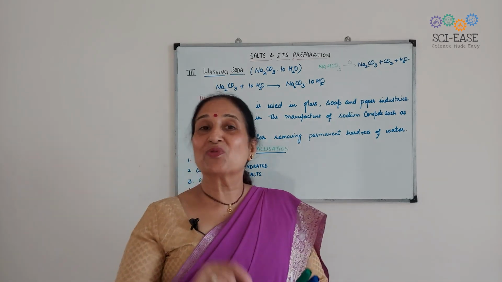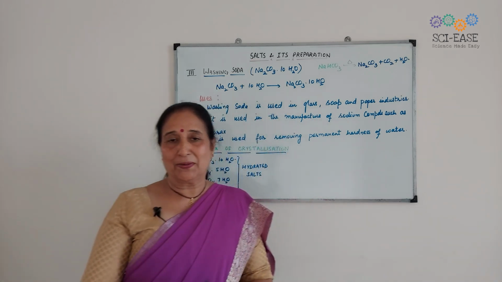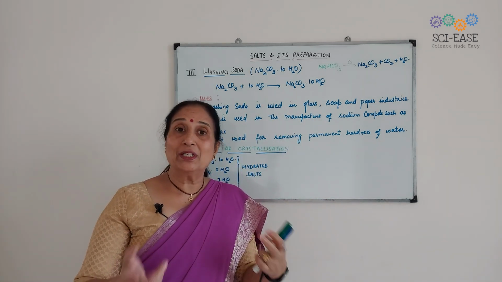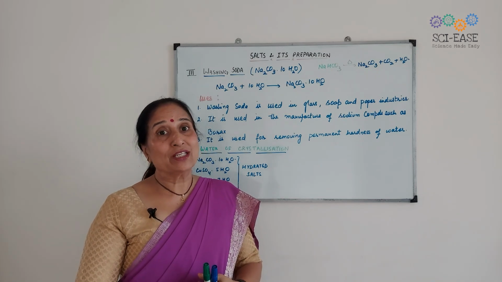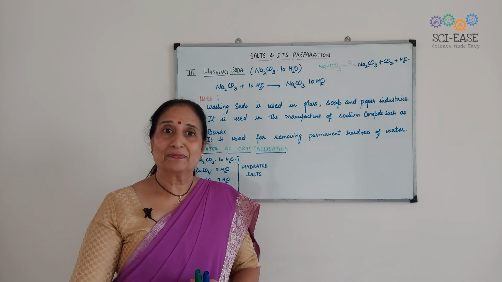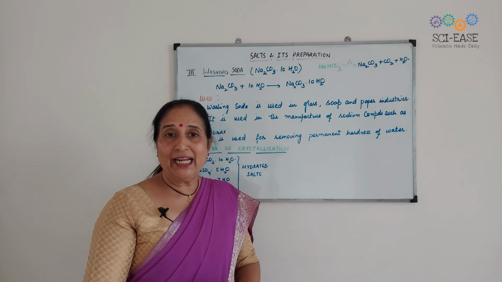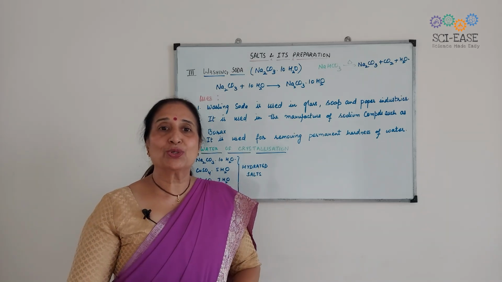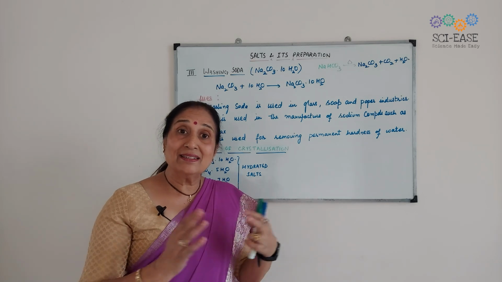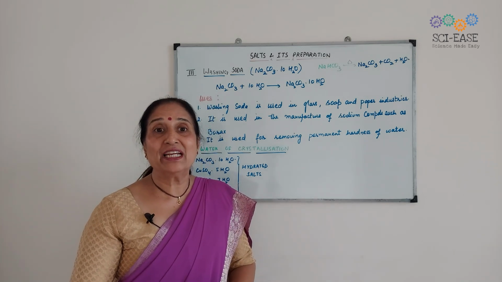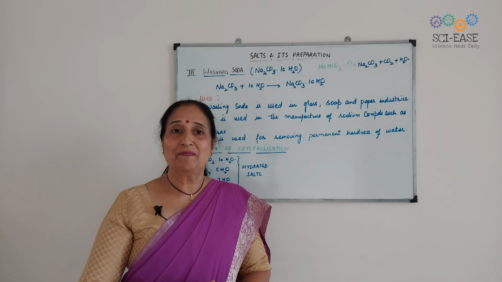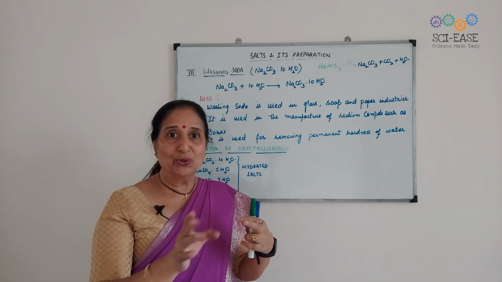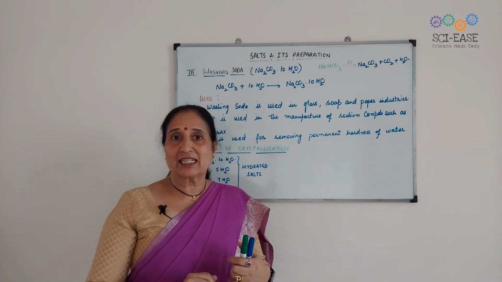Now come to this water of crystallization. There are many salts like copper sulfate, CuSO4 5H2O, sodium carbonate, that is Na2CO3 10H2O, iron sulfate, that is FeSO4 7H2O. Then plaster of Paris, which we are going to do after this water of crystallization.